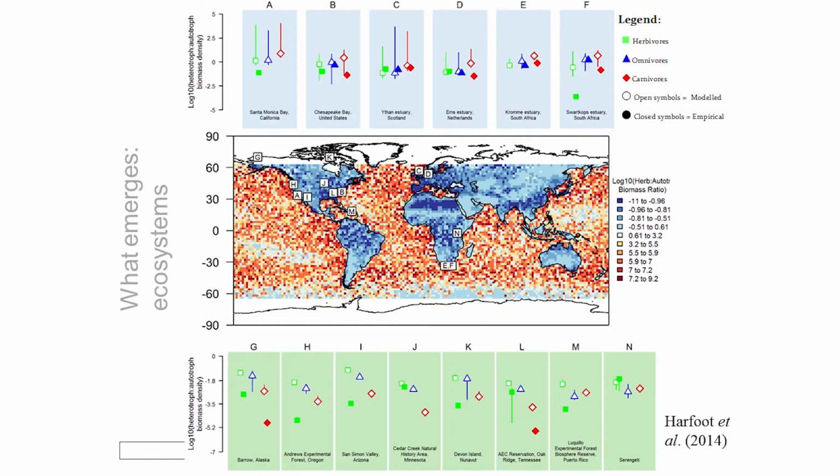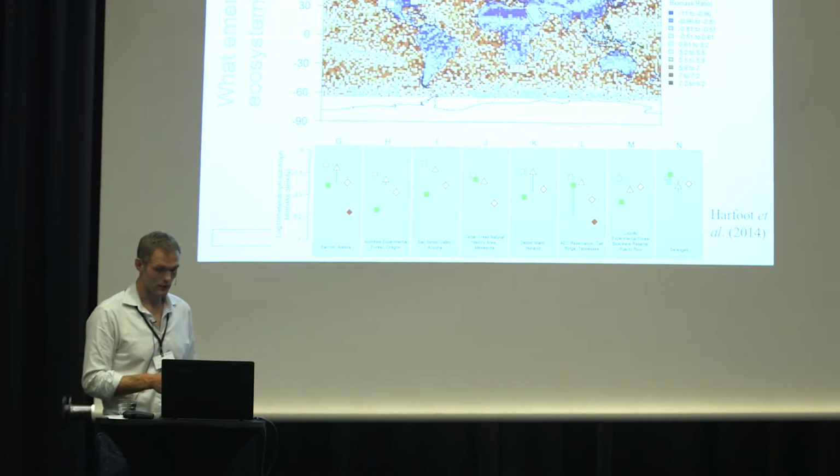The Ems estuary, there's good agreement for herbivores and omnivores, but not for carnivores, whereas for other locations, for example, Santa Monica Bay and the Swartkops estuary, there's quite a big difference between the two data sets. In the terrestrial realm, we can pick out, for example, the Serengeti and the Cedar Creek ecosystems, where the model and empirical data agree pretty well, but in other locations like Arizona and this forest system, there's a huge amount of disagreement between the model and empirical data.